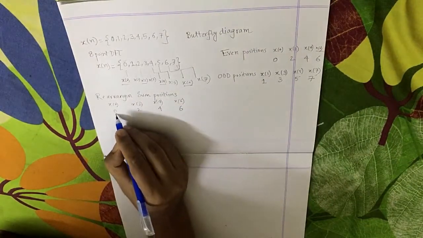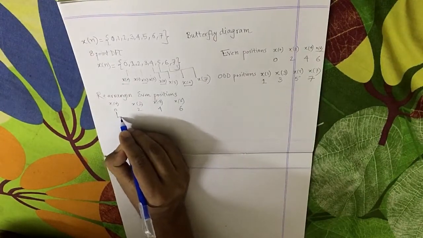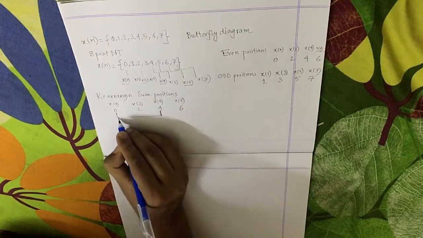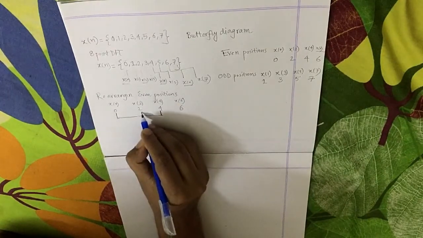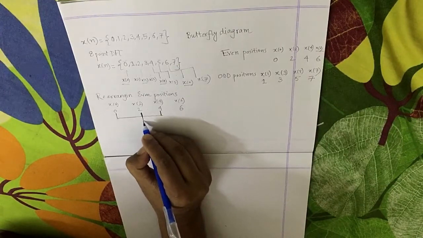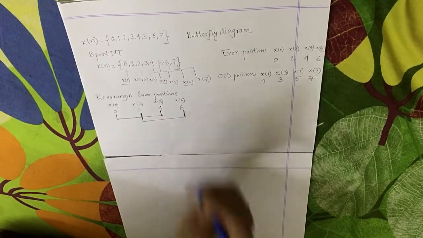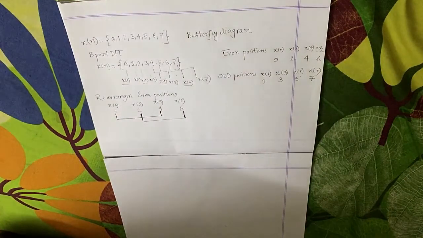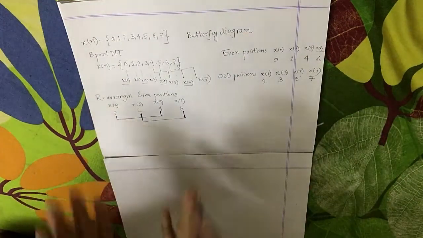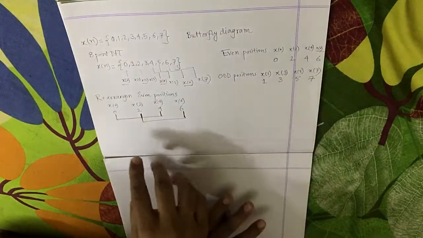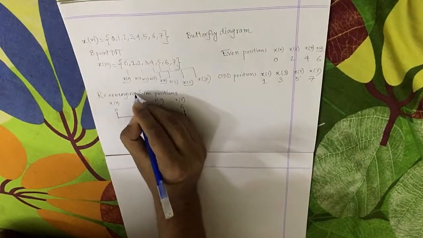Observe very carefully. This 0, after 0 we have to write down 4, and then this 2 comes in. After 2 we need to write down 6. Why we have written in this manner, you will get your answer in a while. But now just remember that we are doing some sort of rearrangement.